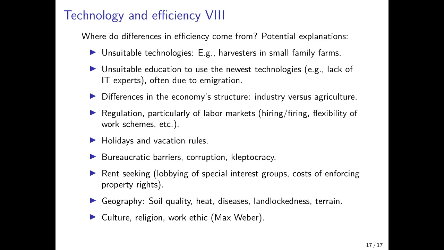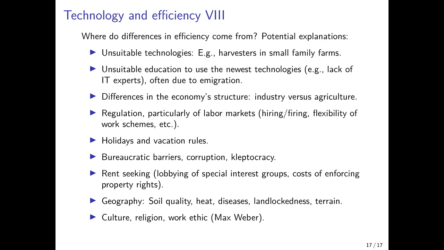Rent seeking, also going in this direction, where special interest groups lobby for them to have advantages at the costs of other groups, and of course, that imposes also inefficiencies and also costs on enforcing property rights.